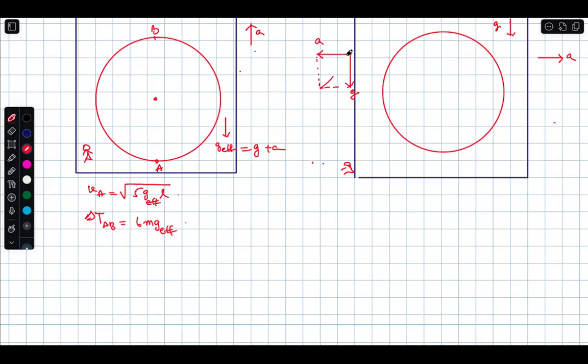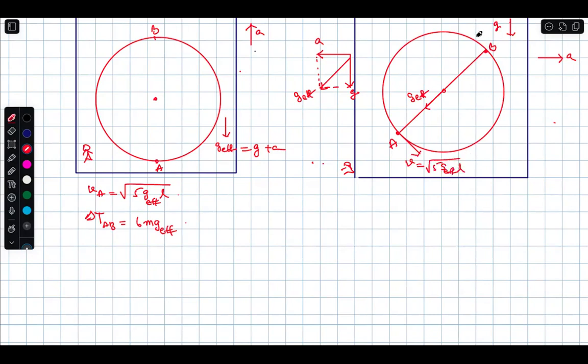Their resultant is g effective. So for him, this is the lowest point, and this is the highest point. And this is the line of g effective. So at this point, the velocity needs to be root 5 g effective L.